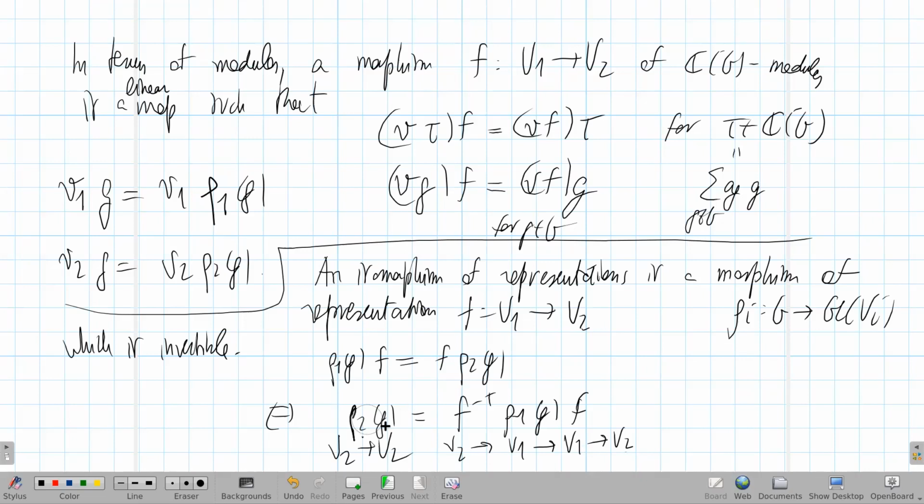And so you see that rho 2 of G, I mean, each individual element is conjugate to the individual rho 1 of G, which is what happens when you change bases, okay? It's exactly the same phenomenon. Okay, so this isomorphism of representations is a natural concept, and it's similar to changing bases.